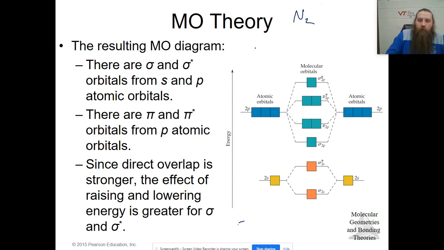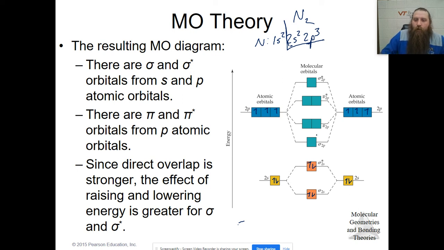So we know that nitrogen is 1s2, 2s2, 2p3. Sorry, we only look at the valence energy levels, so 2s2 and 2p3. And we're doing a diatomic, so it's the same on both sides. So we go 1, 2, 3, 4.